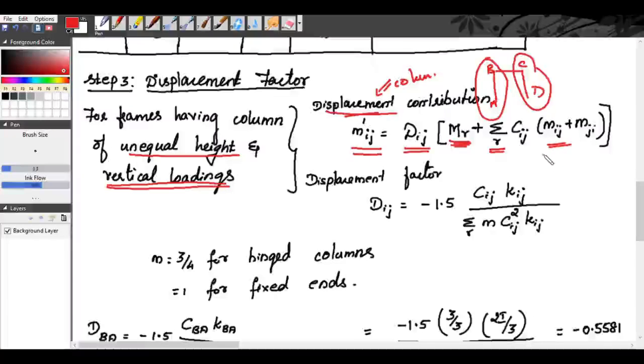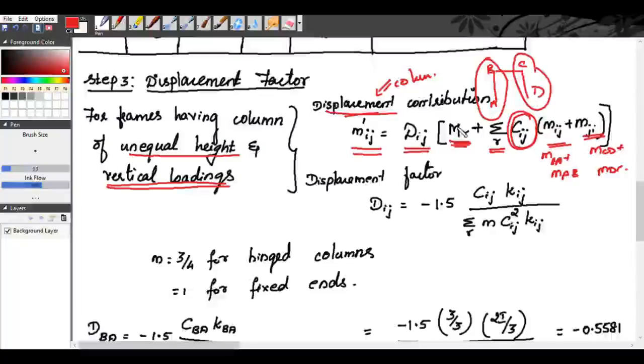Mij means it is MBA plus MAB. Similarly, Mji means MCD plus MDC. Now, Cij is called reduction factor. We will see that Cij is called the reduction factor.